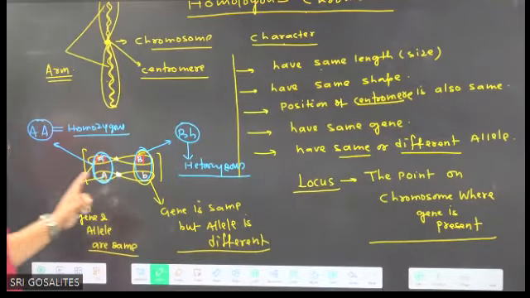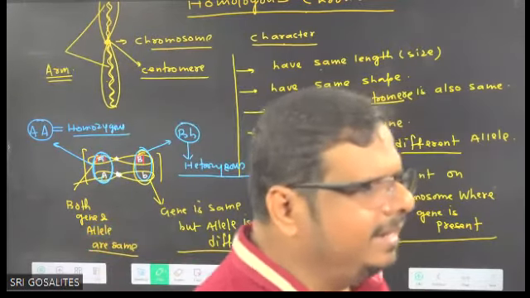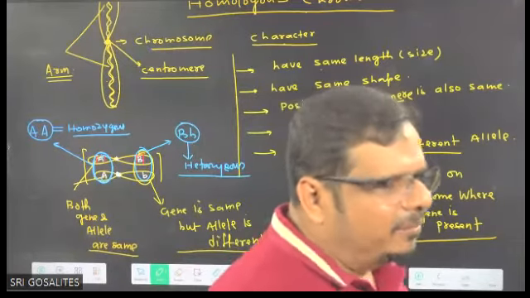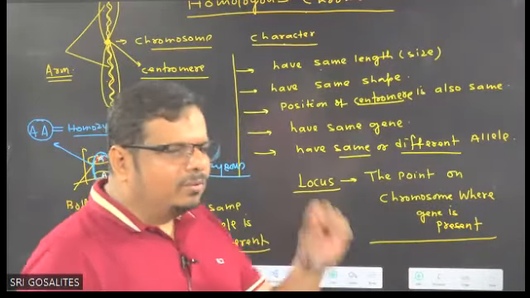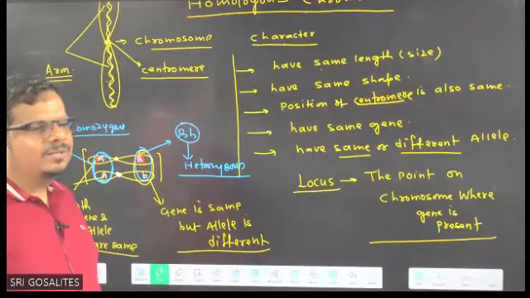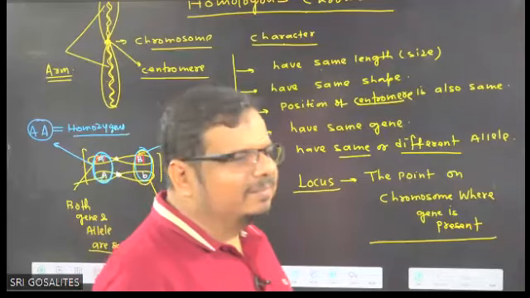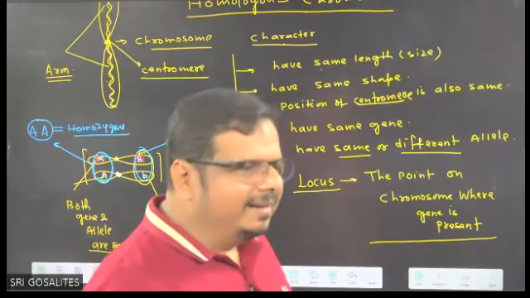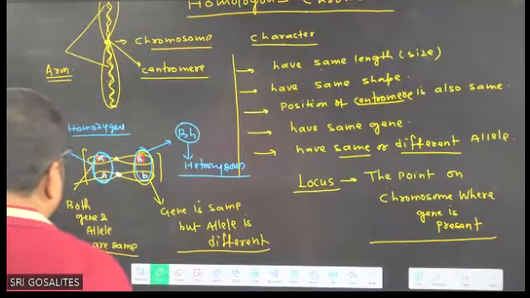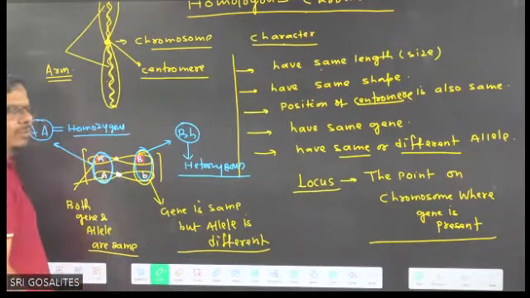So when at a homologous chromosome both the gene and allele are the same, it is called homozygous. And when at a homologous chromosome, at a particular point, the gene is the same and the allele is different, it is called which one? Heterozygous. Clear? Capital B, small b is heterozygous. In this case, one parent contributes capital B, another parent contributes small b.